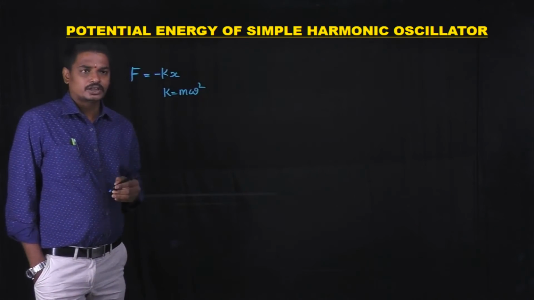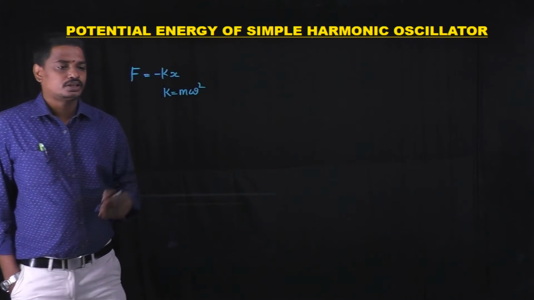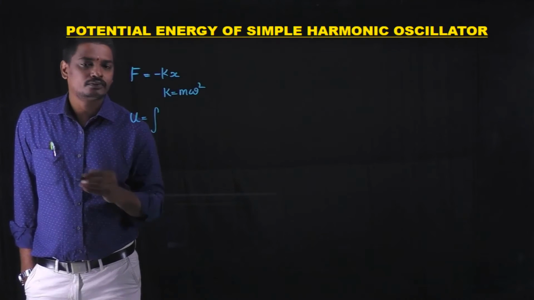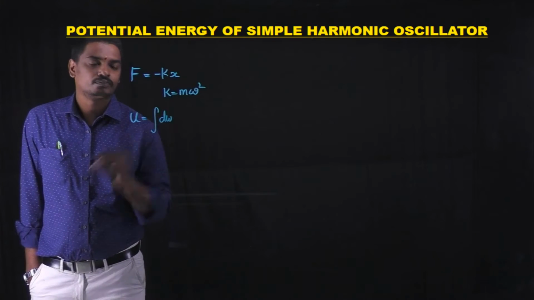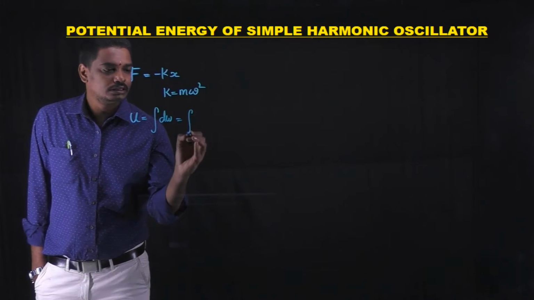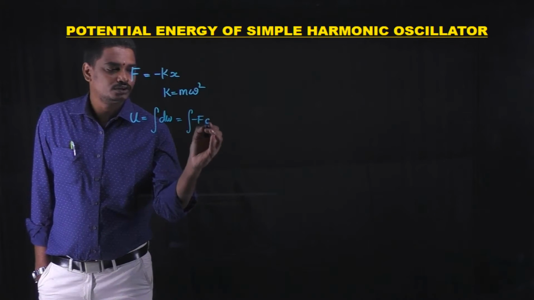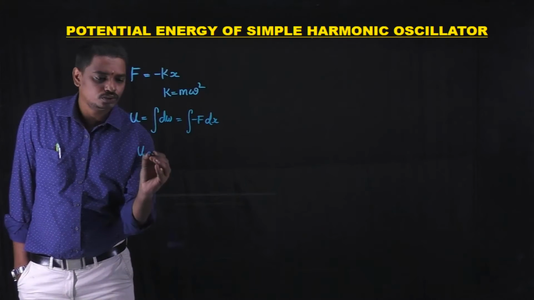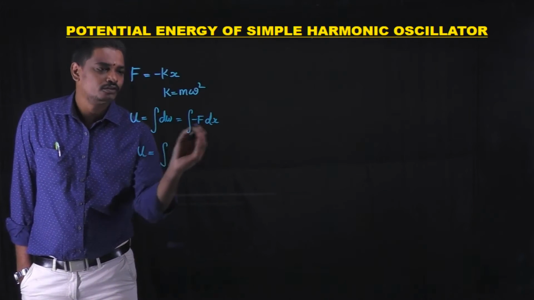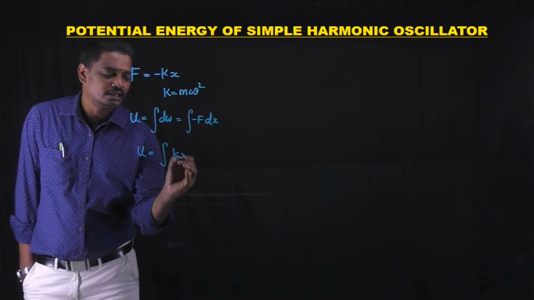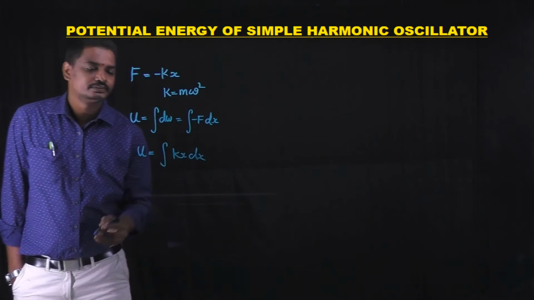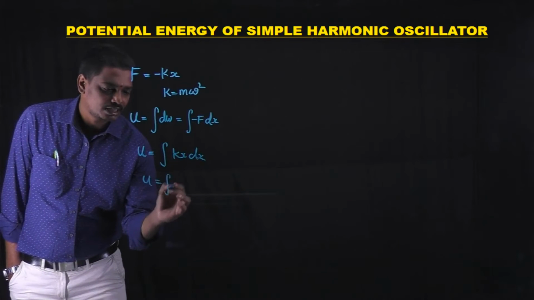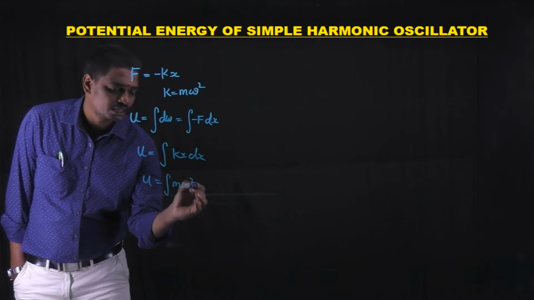So to derive the potential energy, U is equal to integral of dW, which is equal to integral of minus F into dx. So U is equal to integral of minus F, which is nothing but kx, into dx, where K can be written as m omega square.